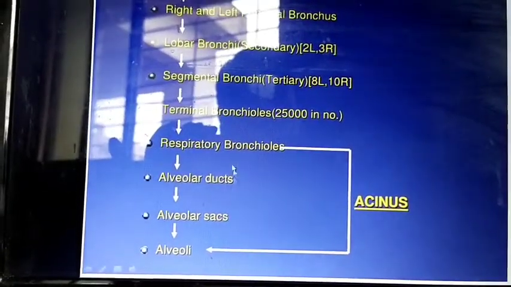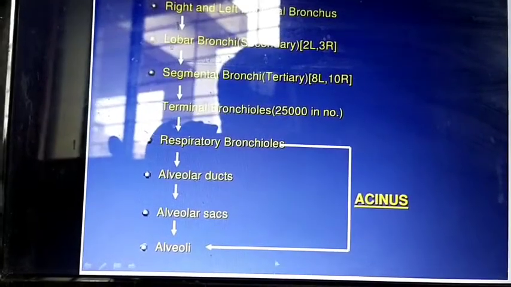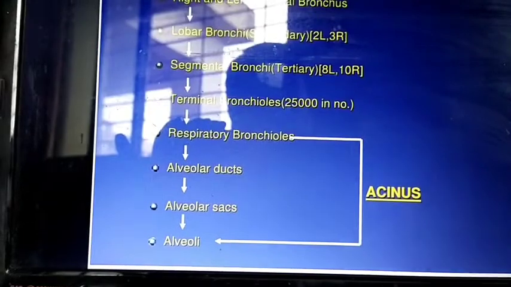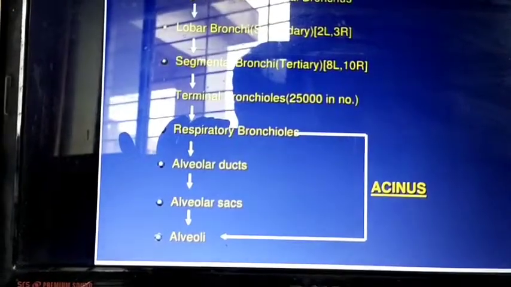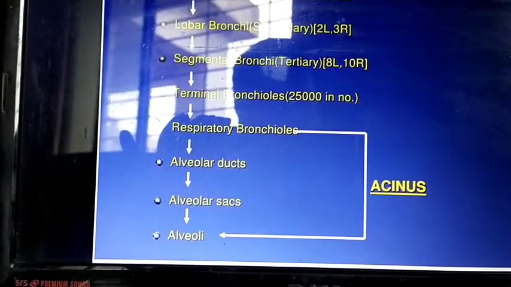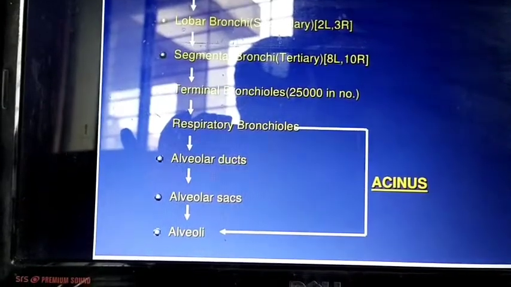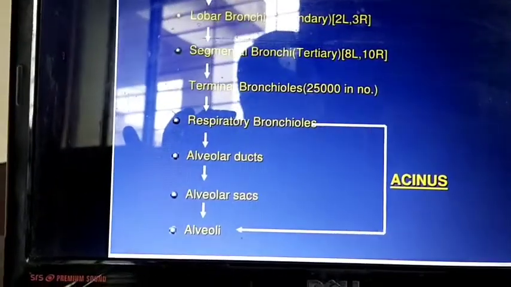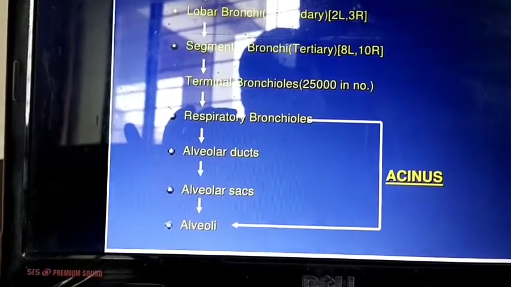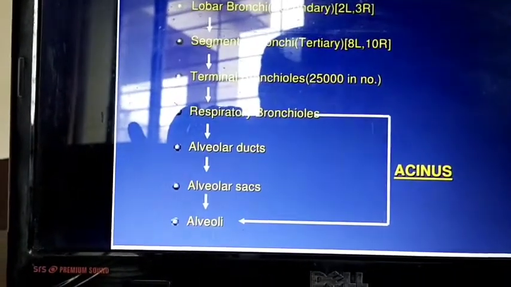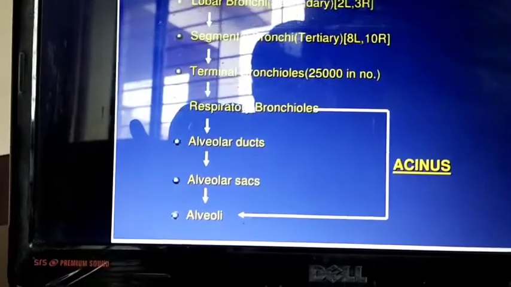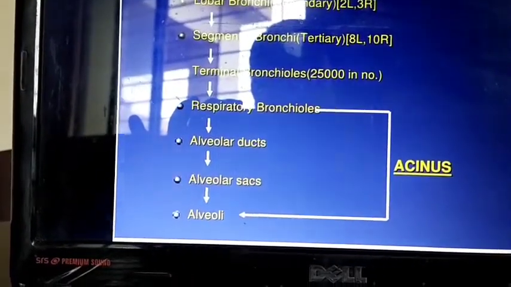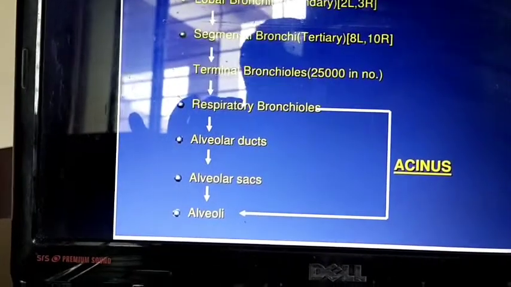Acinus looks like a grape, like how grapes are attached to one stem. Okay, that is the meaning of the word acinus. Respiratory bronchioles, alveolar duct, alveolar sacs, and alveoli: the whole thing is an acinus, and this acinus is the functional unit of the respiratory system.